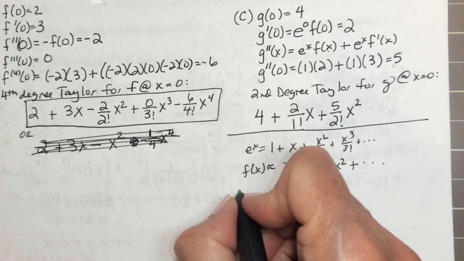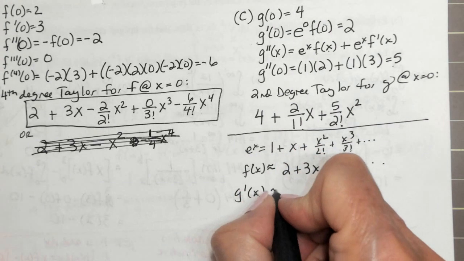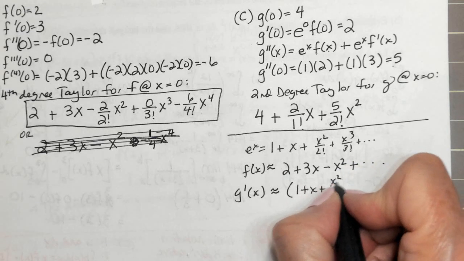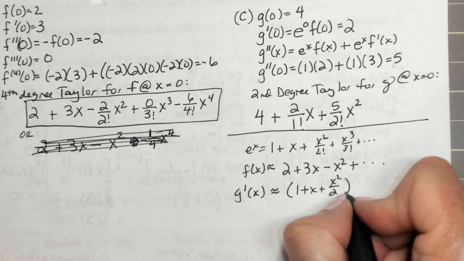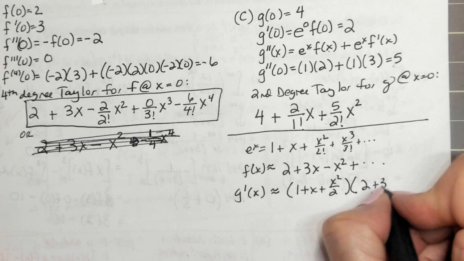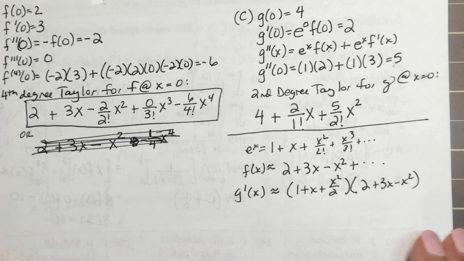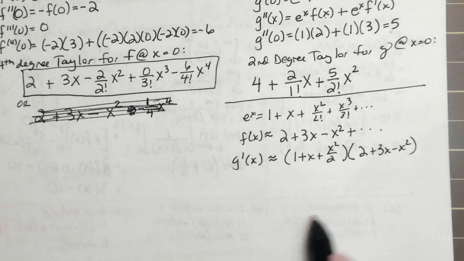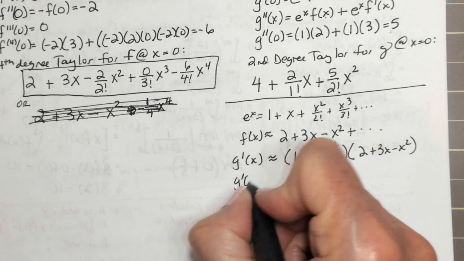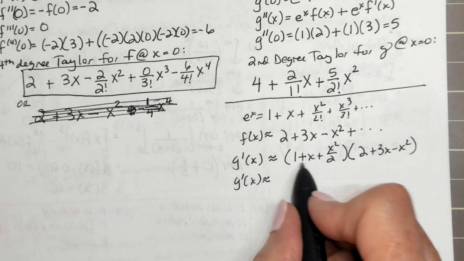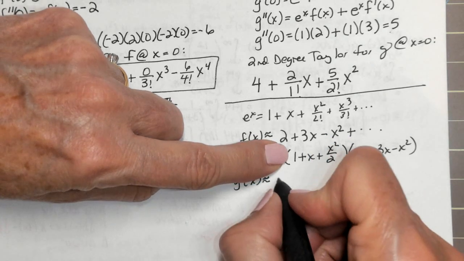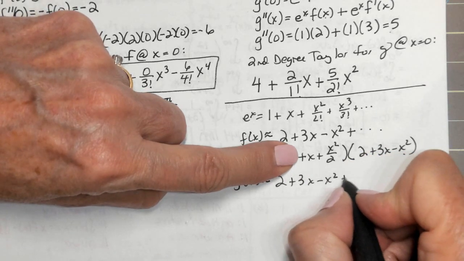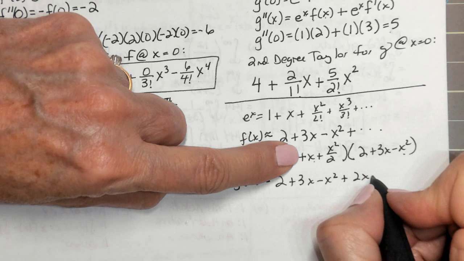So g prime would be e to the x times f. And I'm stopping at degree 2, because we just want the second degree Taylor. So g prime would be 2 plus 3x minus x squared plus 2x plus 3x squared.